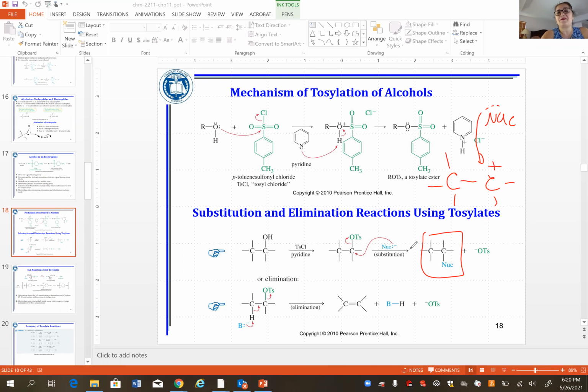If you do not have a nucleophile, or the condition of the reaction is favoring elimination, what condition changes or favors an elimination reaction, if you recall from chapter 7 of organic chemistry? It is the effect of the solvent.